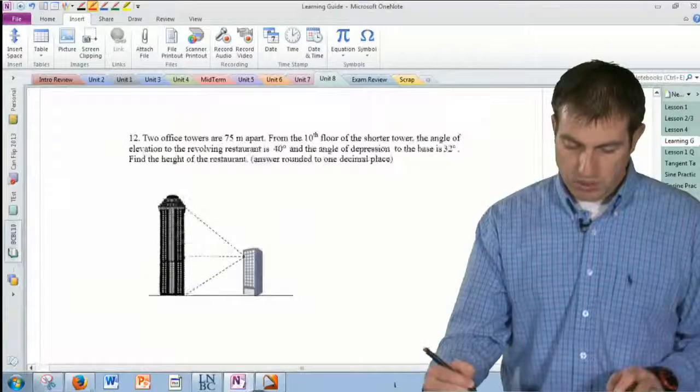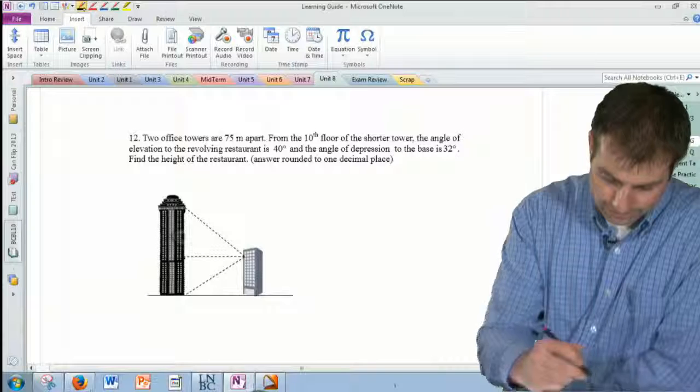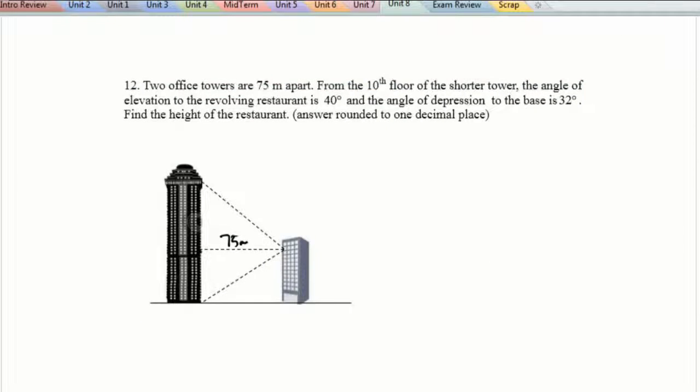So if we look at number 12, 2 office towers 75 meters apart. From the 10th floor of the shorter tower, the angle of elevation to the restaurant is 40 degrees. So angle of elevation is measuring up. There's 40.